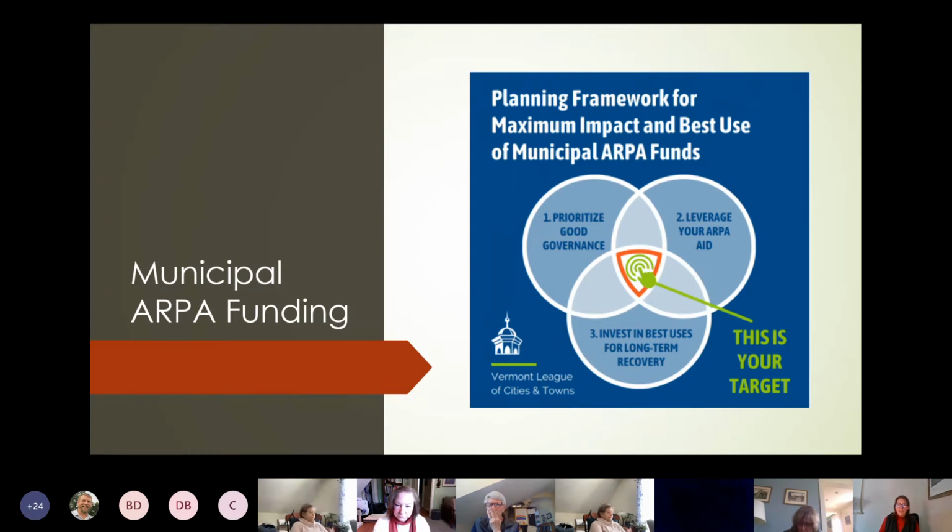So I'd highly recommend you all, as advocates in your community for specific issues, perhaps it's conservation or otherwise, advocate with your select boards, city council members to think about utilizing those one-time ARPA funds for long-term recovery investment options. The Vermont League of Cities and Towns has a fantastic guide and a number of resources when it comes to municipal ARPA funding, and I'd recommend folks take a look at that.